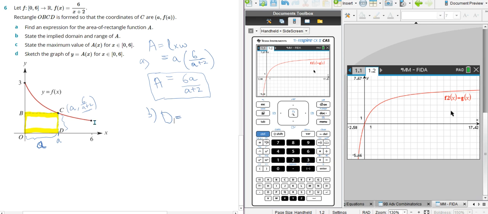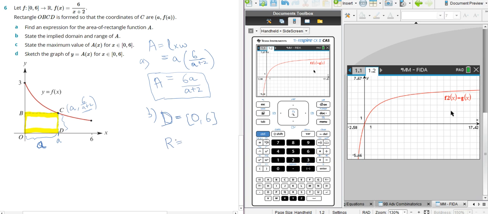So if it has that restriction, then this area function will also have the same restriction because the same lengths and widths are used here. So the restriction in A is that it cannot be less than 0, because that would be negative and it doesn't make sense. So it will start from 0 and then it can't be more than 6. This is where the function of x stops. So the domain is 0 to 6.